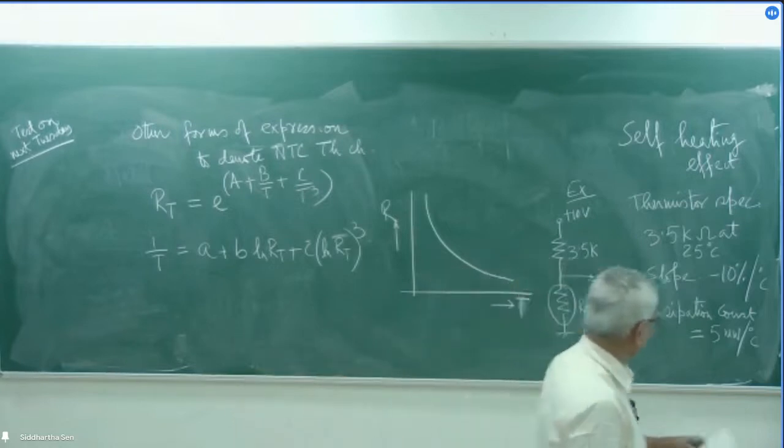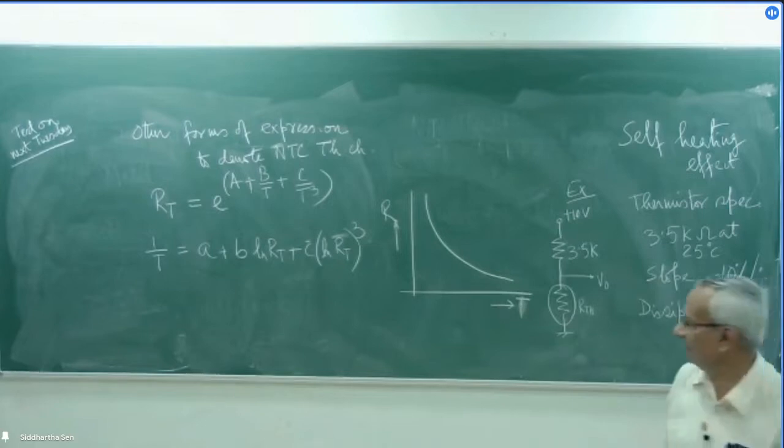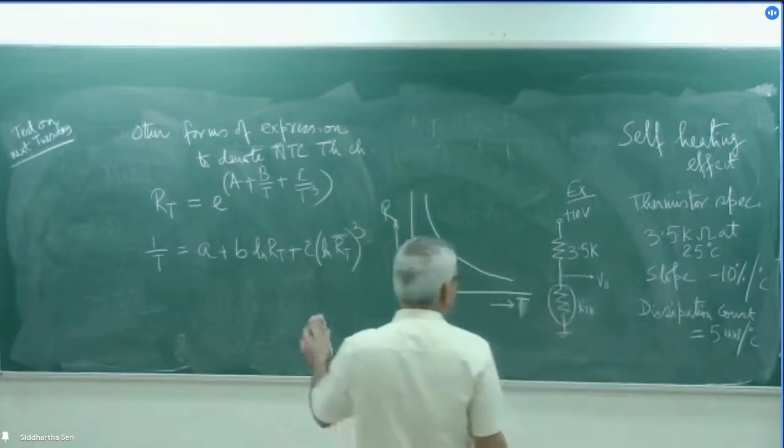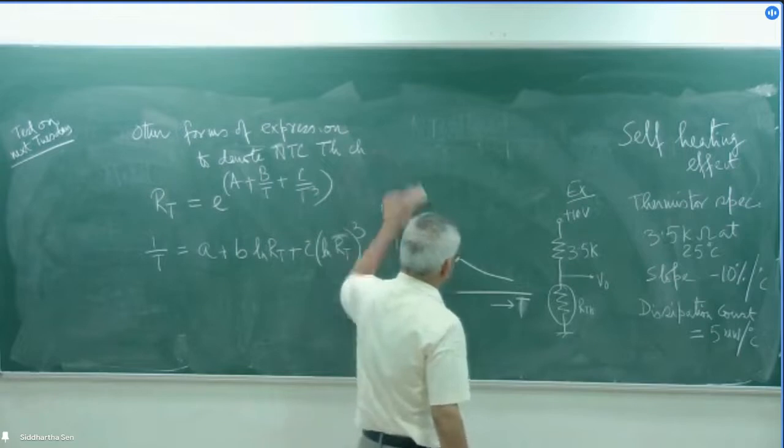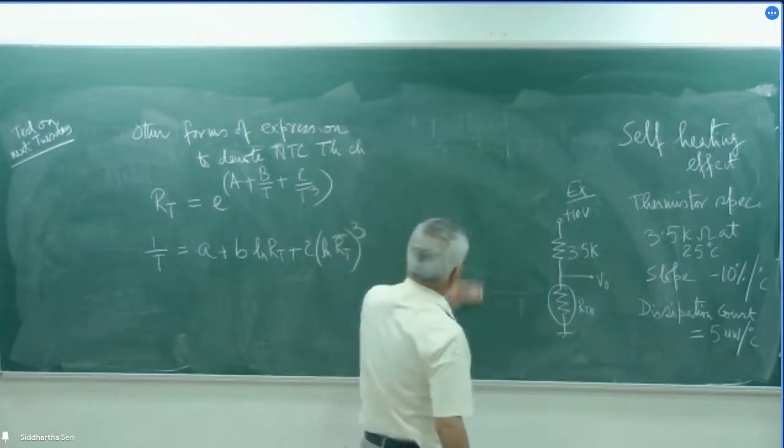So I assume that if the temperature changes by 1 degree Celsius, this dissipation power also changes by 5 milliwatt.